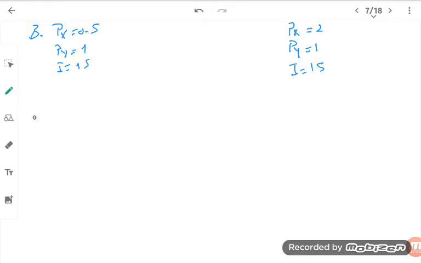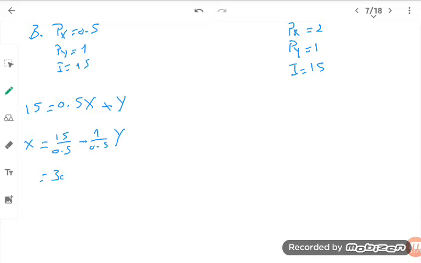So in this case, 15, which is the income, equals 0.5x plus y. X equals 15 divided by 0.5 minus 1 divided by 0.5 y.